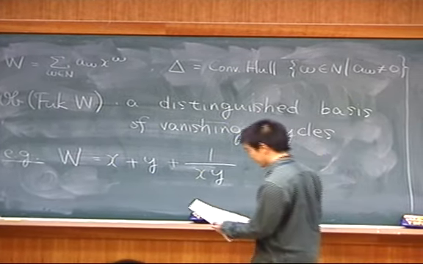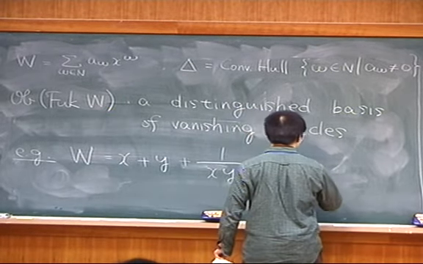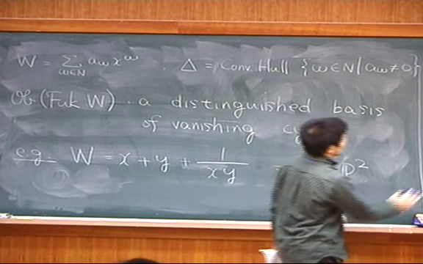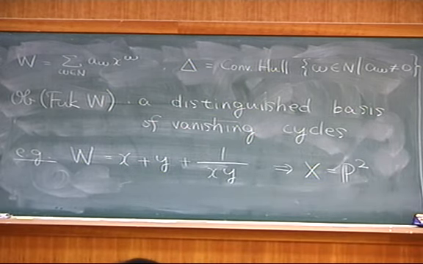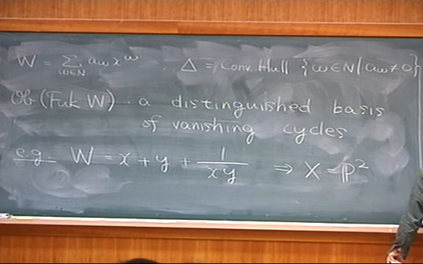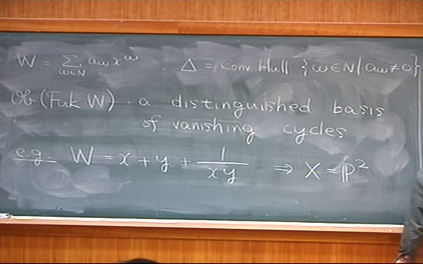In this case, X is P2, and the polytope is just the convex hull of (1, 0), (0, 1), and (-1, -1). So this is delta.